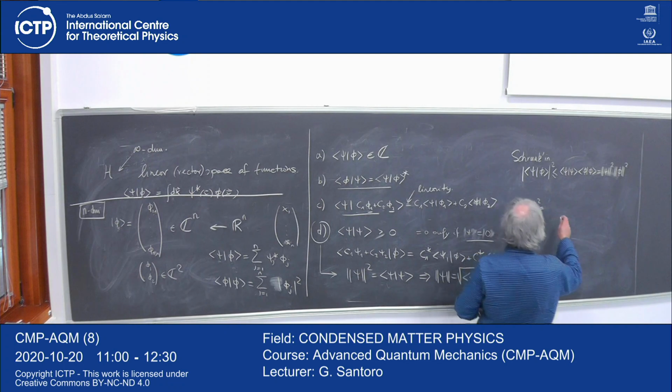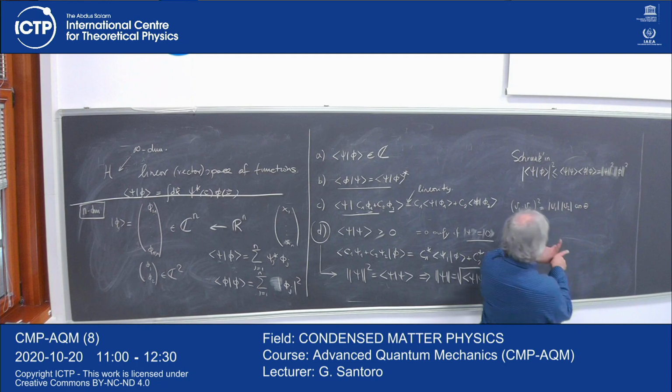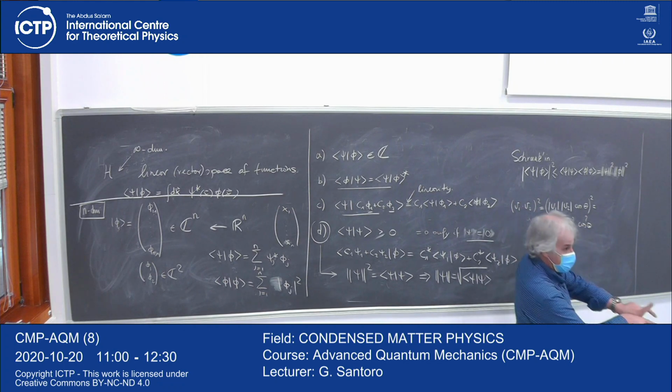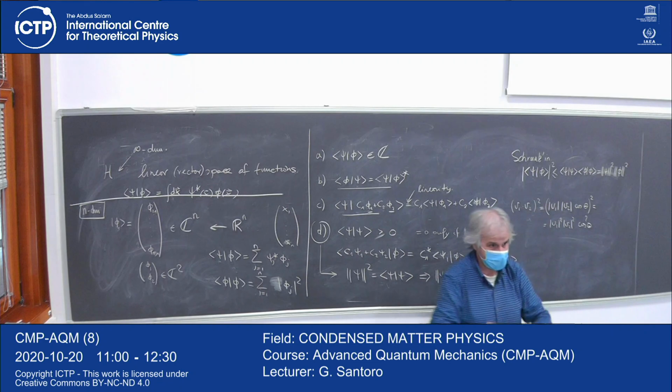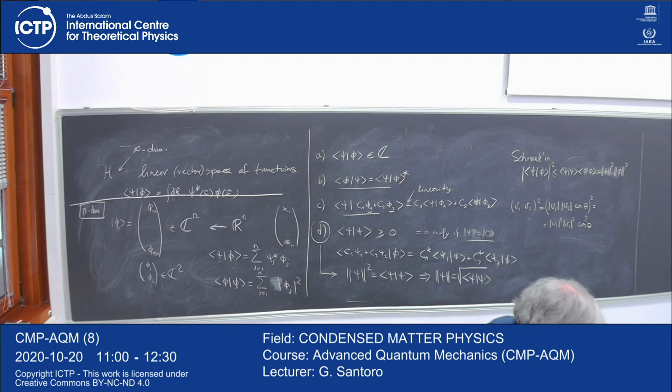You know that this is equal to essentially the length of v1 times the length of v2 times the cosine of the angle theta between the two vectors. I'm thinking of three-dimensional vectors. So if I take the square of this, it is equal to the length of v1 square, the length of v2 square, times the cos square of the angle between the two. So you see that the maximum value for this thing is certainly less than the length of v1 and length of v2. The scalar product is always less than the product of the length of the two vectors. That's the meaning of this object. It's true for any scalar product in general.